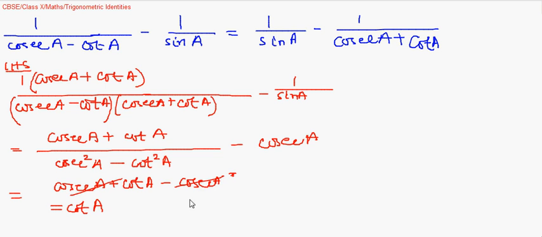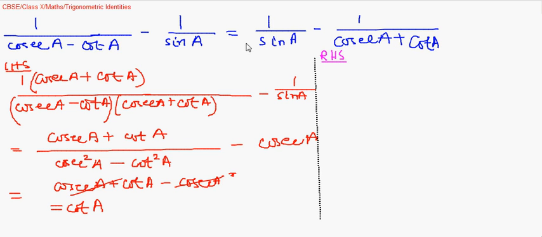Now I need to continue with the right hand side. I'll make a bar line here so that we can differentiate where I'm taking the right hand side. This is our RHS. I had 1 by sine A. The same thing I'll do here to remove this cosec A plus cot A, by multiplying cosec A minus cot A in the numerator and the denominator.